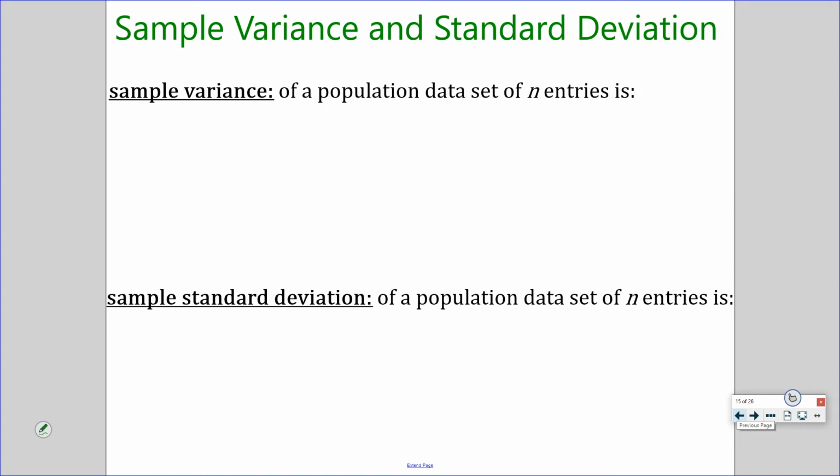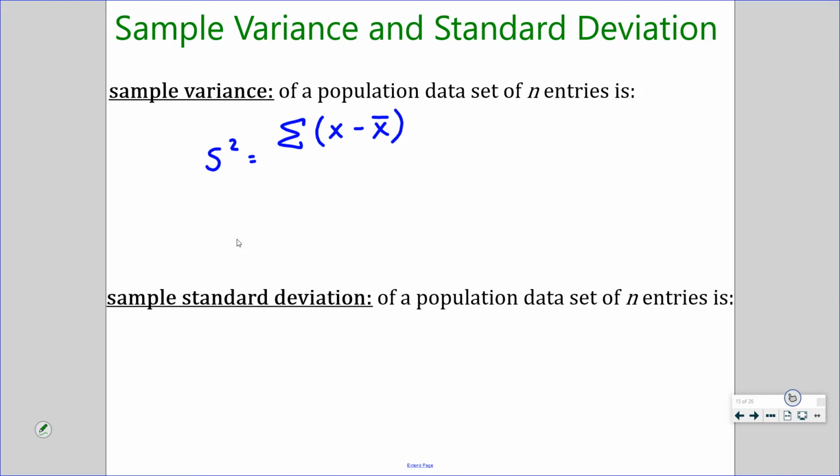So for variance, for a sample, instead of using the sigma, we use a lowercase s squared. It's still the sum of all the deviations squared. The deviations are the data points and how far they are away from the mean. They use x bar for the mean in this one instead of mu.